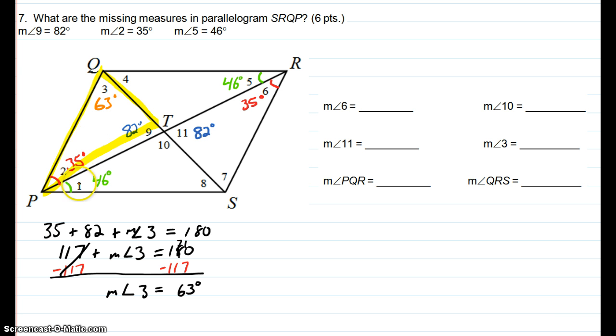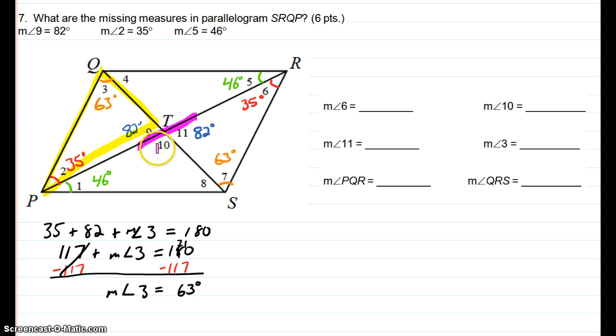And so, just like down here with the alternate interior angles, this diagonal creates alternate interior angles. So, angle 3 is congruent to angle 7. So, this is 63 degrees. And now what I'm going to do is use this 82, and this right here is a nice straight line.